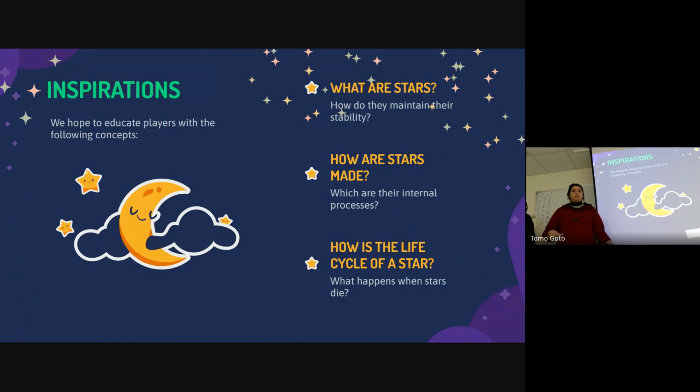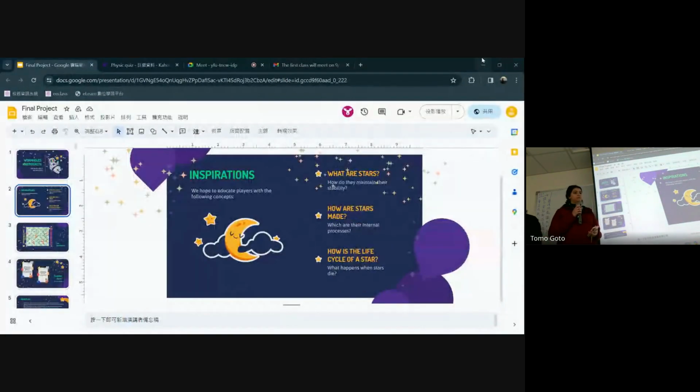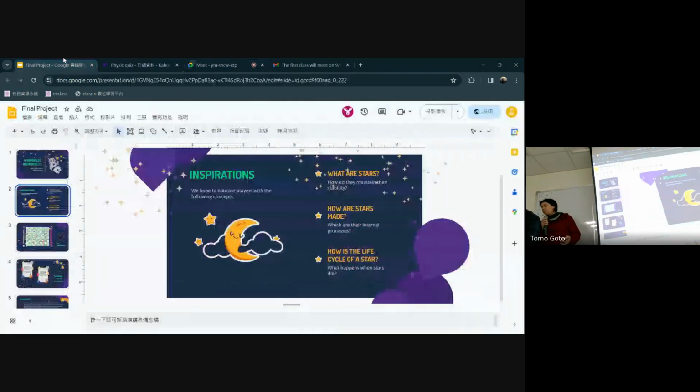Sorry, can you mute the microphone? Laptop microphone, and then also speaker. I already muted. Then it should be fine. Let's go. I'm in the right corner.